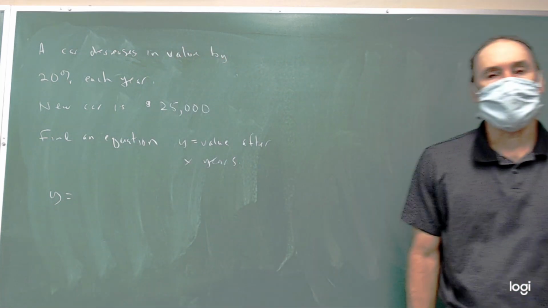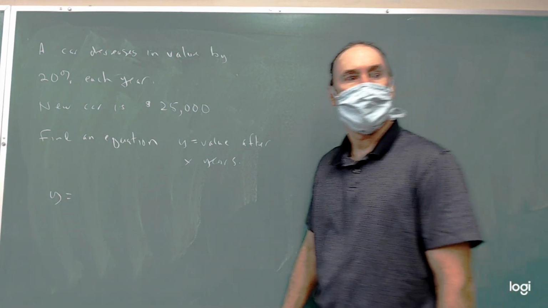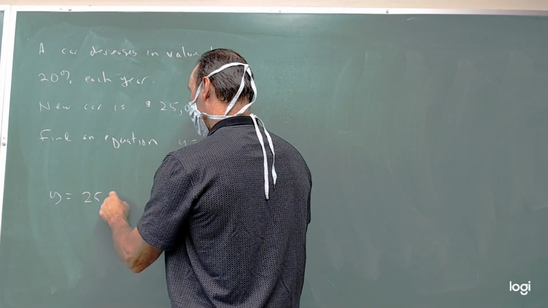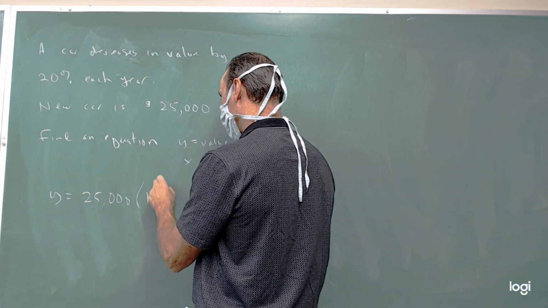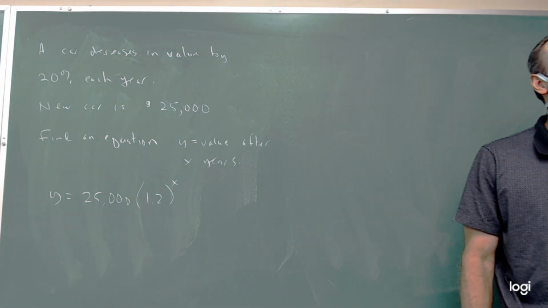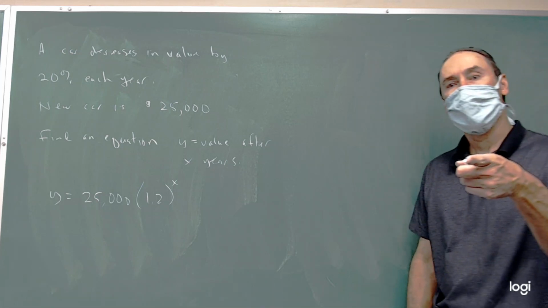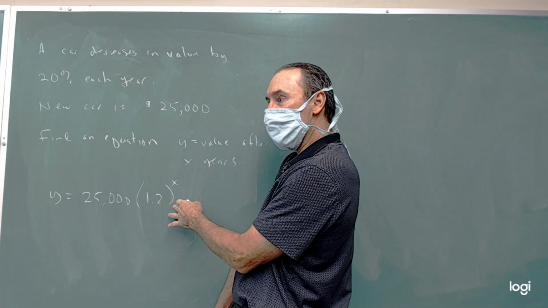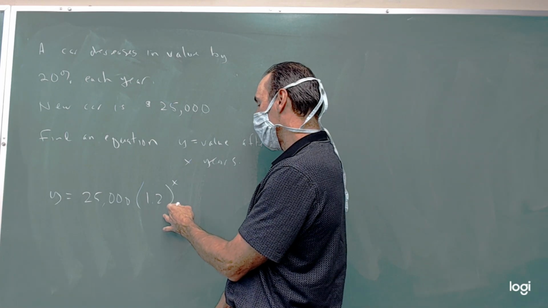So, anybody, what's it going to be? 25,000 times 1.2 to the x. That sound right? If it's decreasing in value, wouldn't it be 0.8? Exactly. So if it was increasing by 20% each year, then that would be a 1.2.